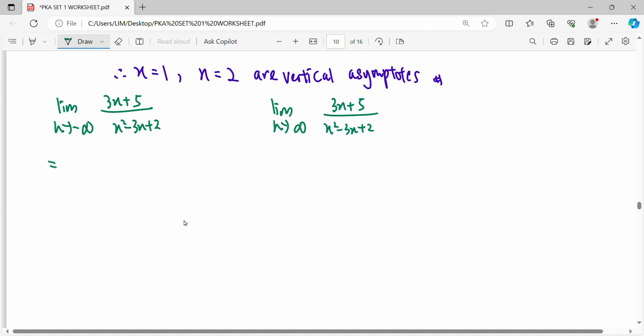As we try to substitute infinity, we get infinity over infinity, so it is an indeterminate form. To simplify this, we will divide by the highest power of x. As you can see, all terms here are polynomial only, so the highest power to divide by will be x squared.